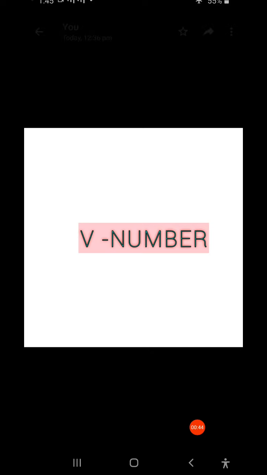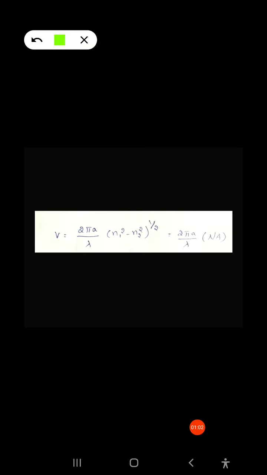The V number can be expressed as V equal to 2 pi a by lambda into (n1 square minus n2 square) whole power 1 by 2, that is also equal to 2 pi a by lambda into NA, where NA is the numerical aperture.